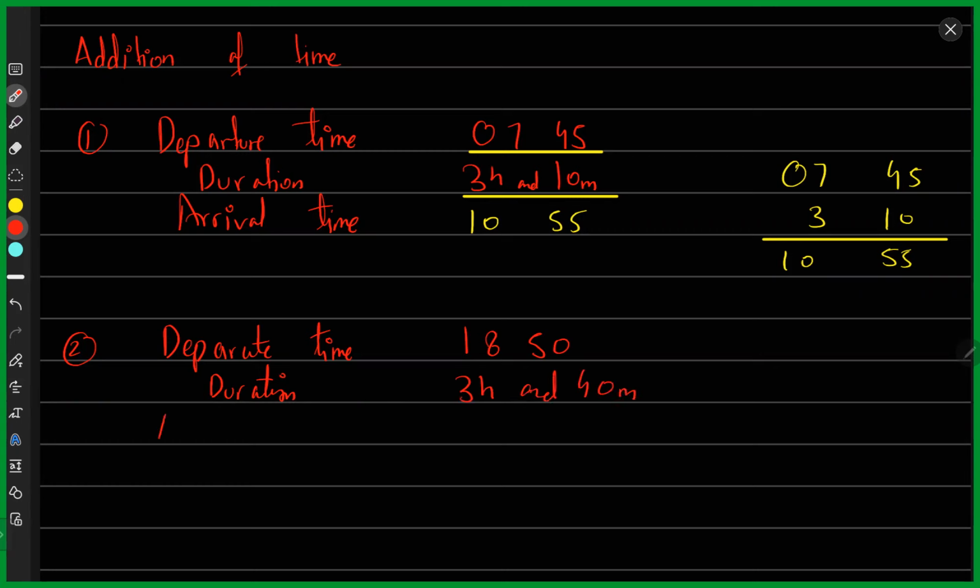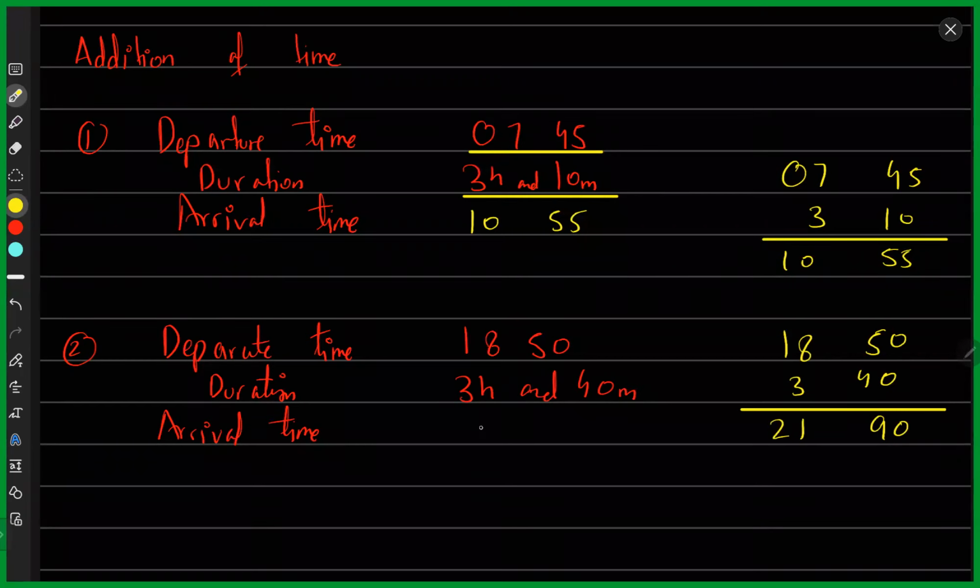What is going to be the arrival time? Okay, so it's 1850 and then it's 340. Let's add the minutes. When I'll add the minutes, this would give me 90. And when I will add the hours, this would give me 21.